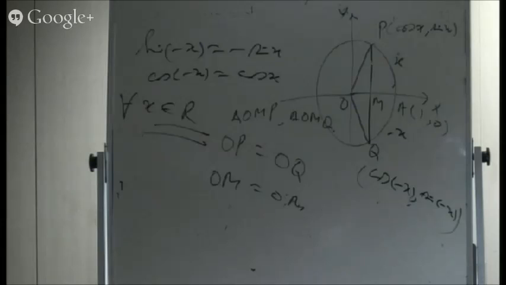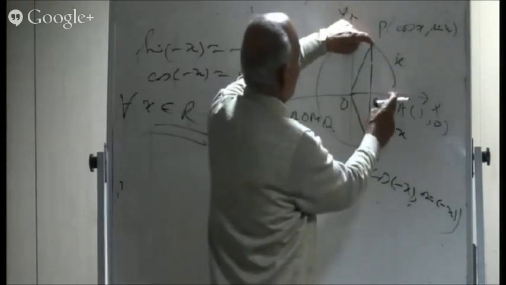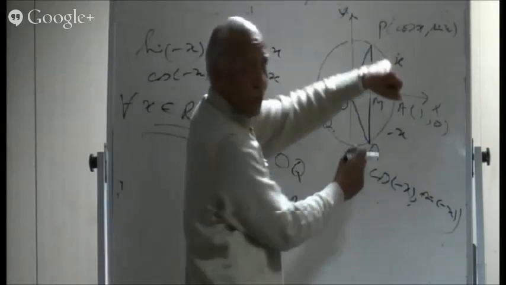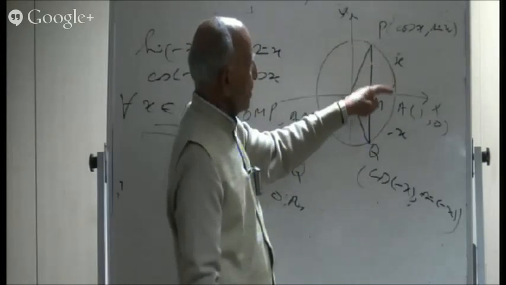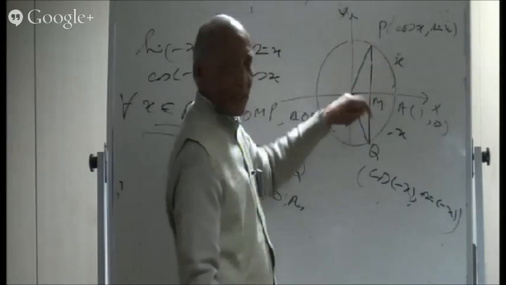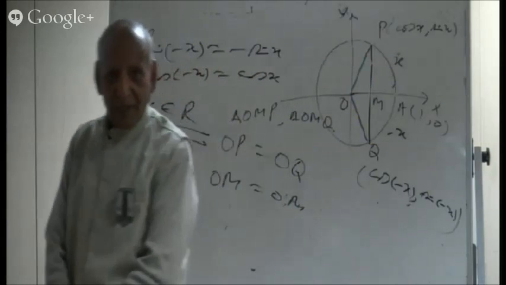No. Look here. This length and this length, they are equal. Look upon the situation: this length of the arc and this length of the arc are equal. And in 10th class, you must have read that equal arcs subtend equal angles at the center.